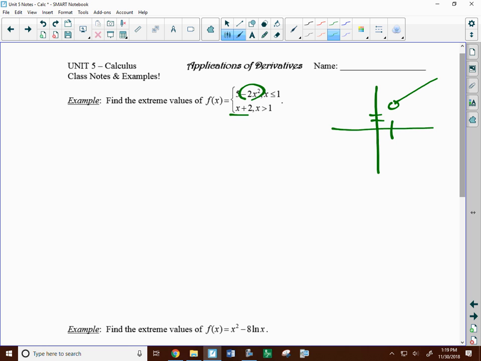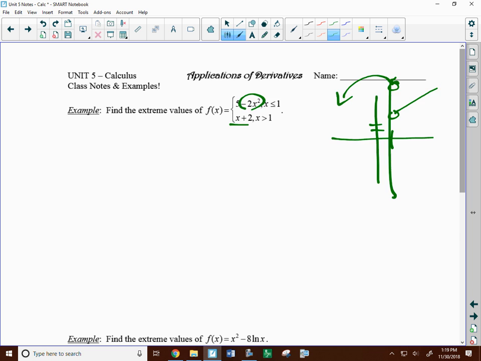It's a parabola upside down because it's negative. So it's something to the effect of like this. We don't know exactly. It could stop here. It's a parabola, but it stops. And it is filled in because it's less than or equal to. I'm just giving you an idea of what this one looks like, because it's piecewise.